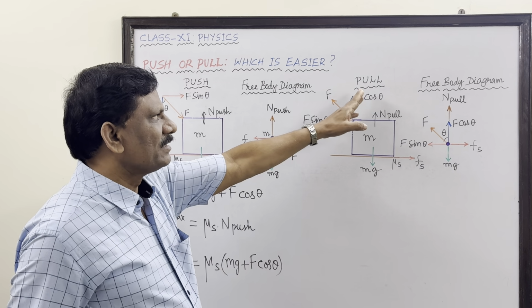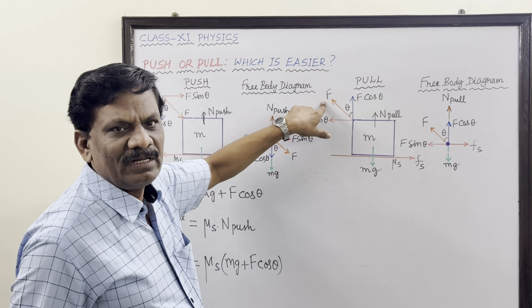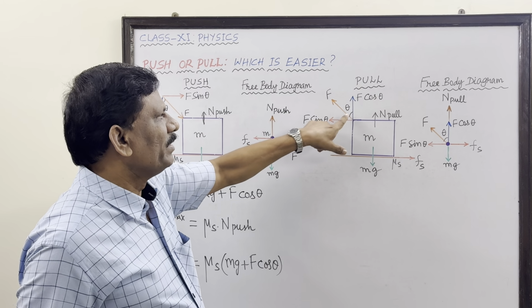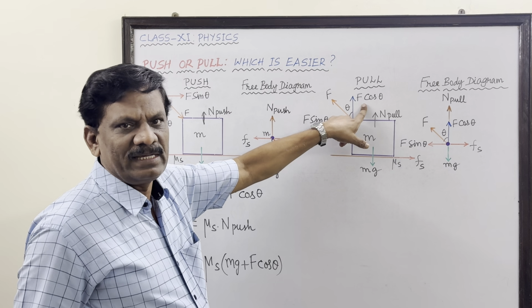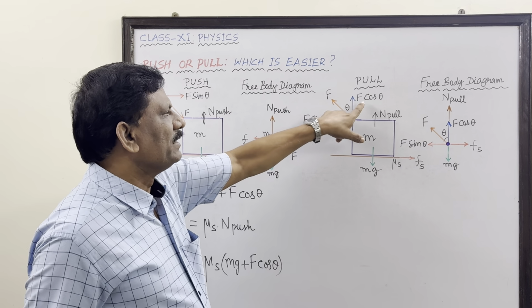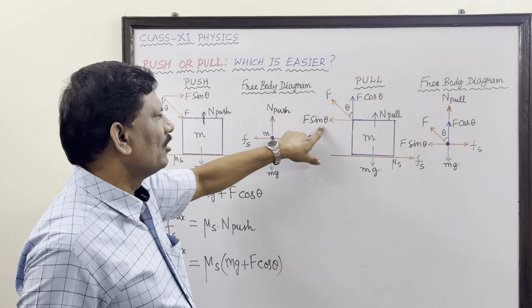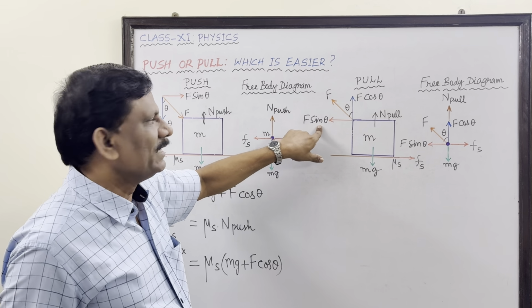Similarly, now let us go to the case of pulling a body with the same force F. The applied force F makes an angle theta with respect to the y-axis and is split into two components: the vertical component F cos theta and the horizontal component F sin theta.